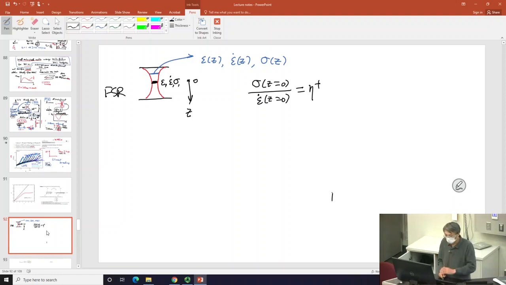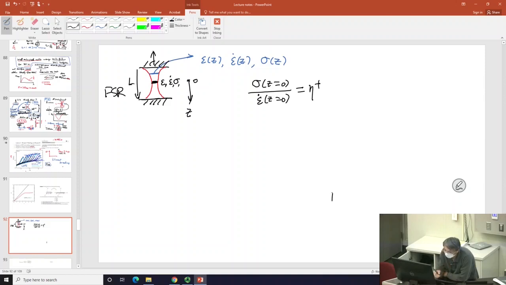So obviously, let me give you a few things by using a different page. Be patient with me. You got your disk. Bottom is fixed. You're moving the upper one. This is your L.